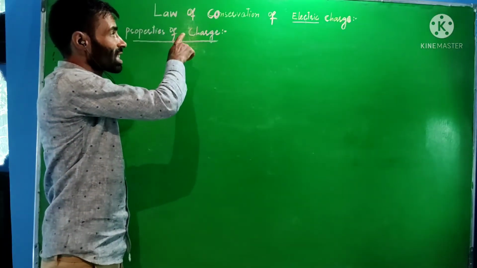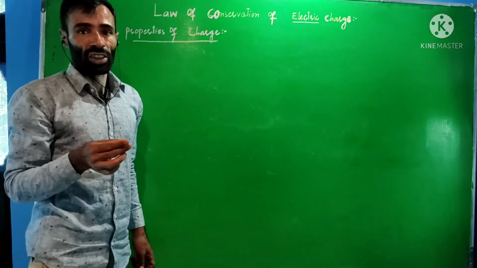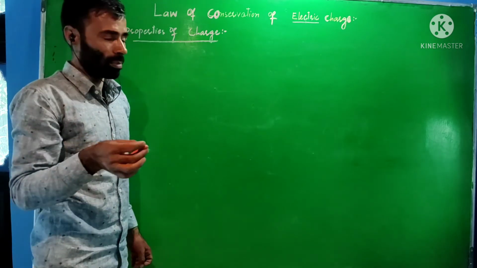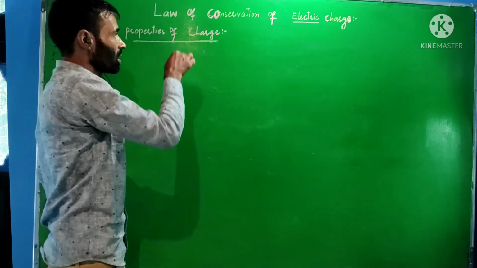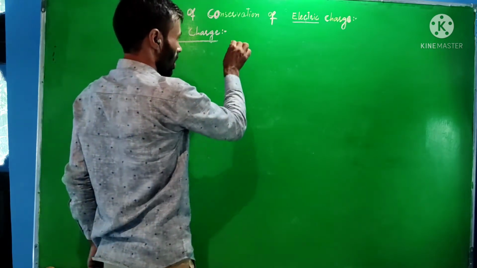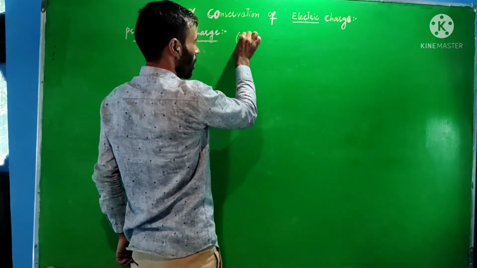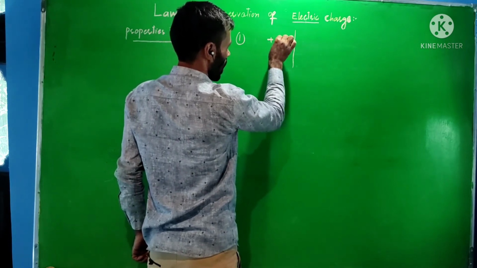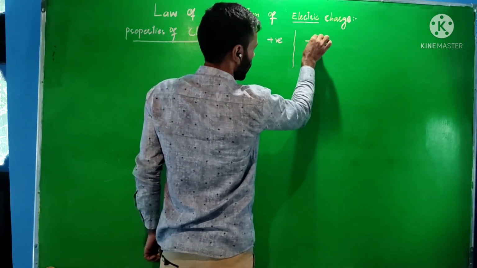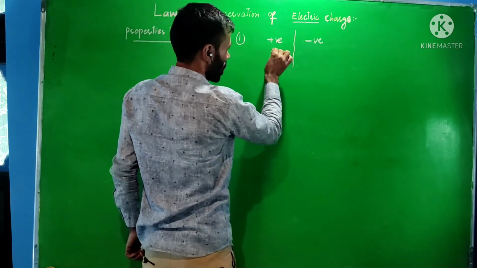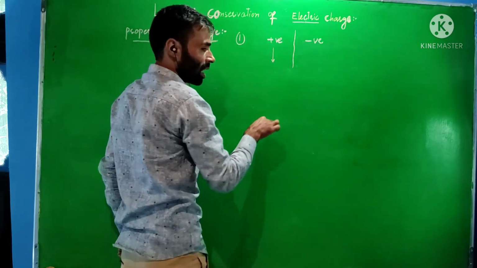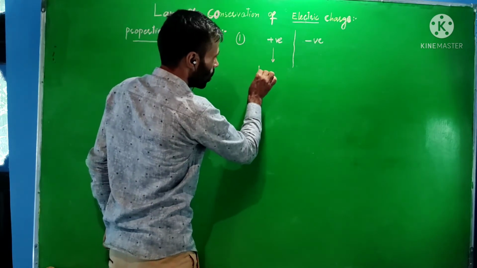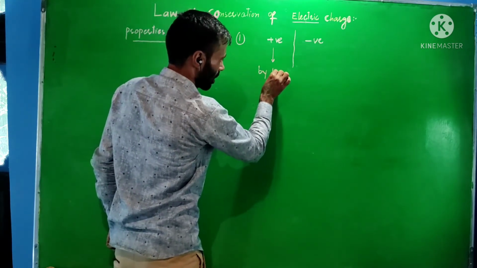Now I will take some properties of electric charge. Only the main properties, I will discuss them briefly. So, properties of electric charge. First of all, charges are of two types. We call one positive charge and the other negative charge. Positive charge is acquired by a material by losing one or more electrons.